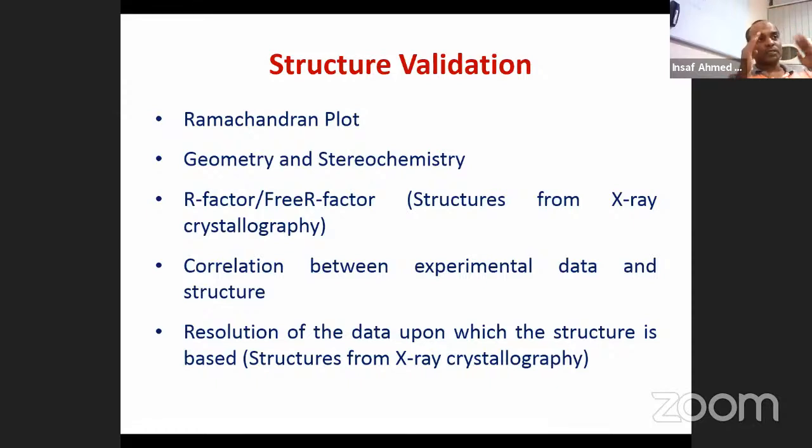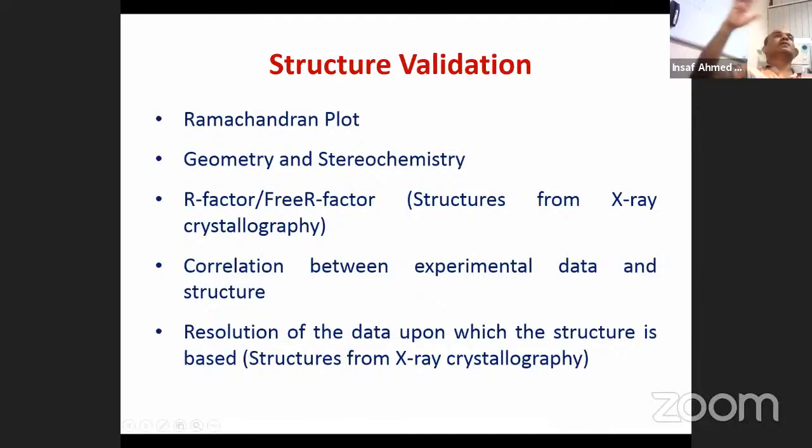But with the cofactor, we found a dimer of two molecules, whereas when I performed gel filtration of that protein, it always came as a monomer. That is the reason it is very important to correlate between the experimental data and the structure.